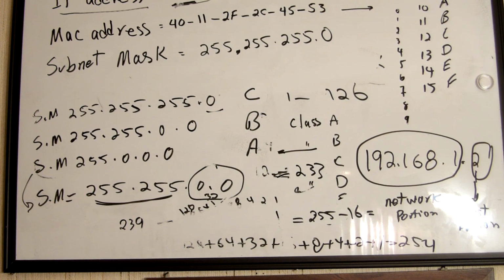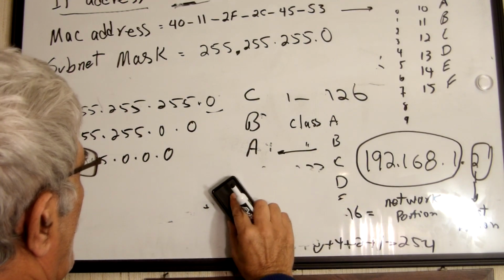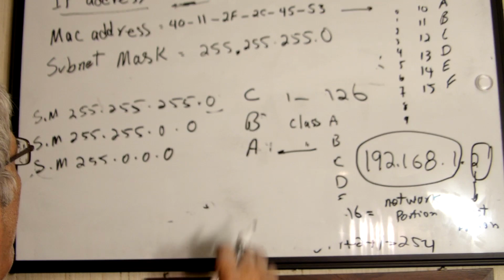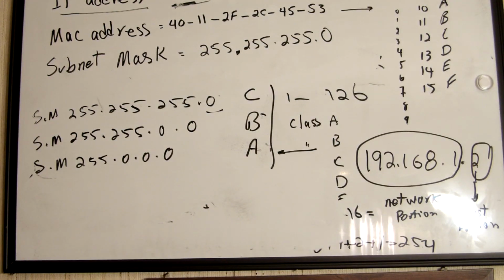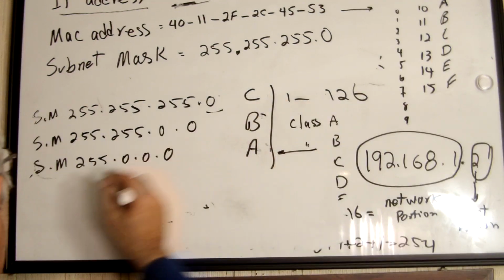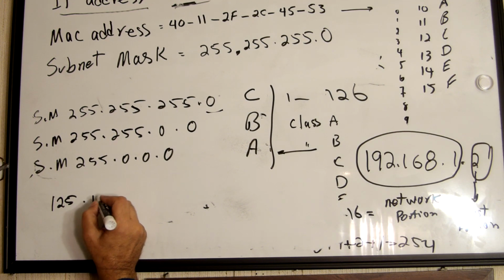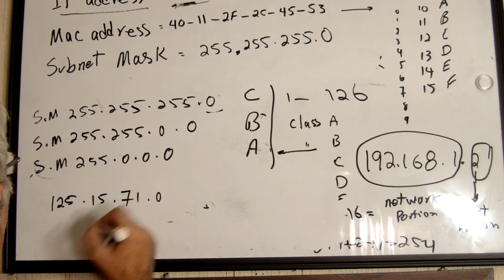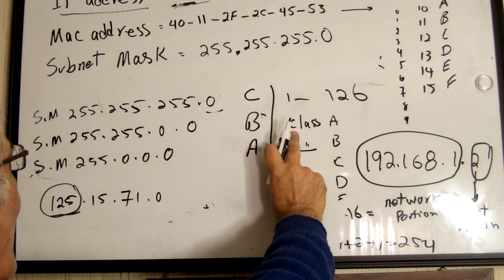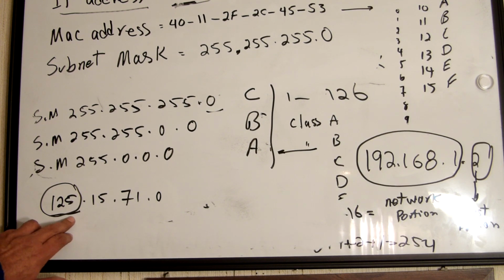Class A only has numbers between 1 and 126. If the number was, for example, 125, 15, 71, 0, you can see from here that this is class A, because of the first 8 bits.